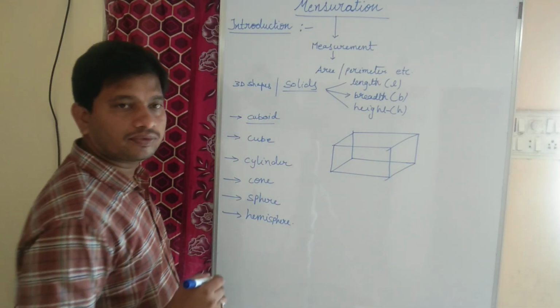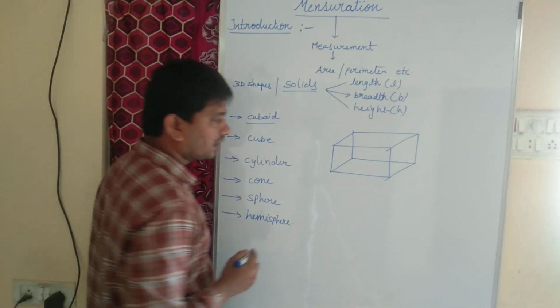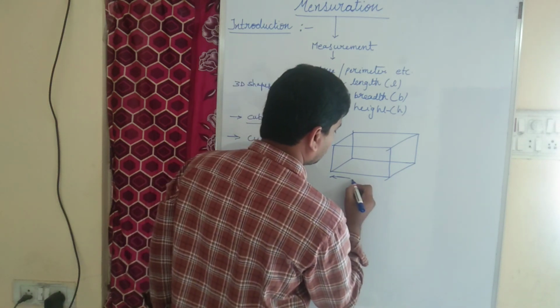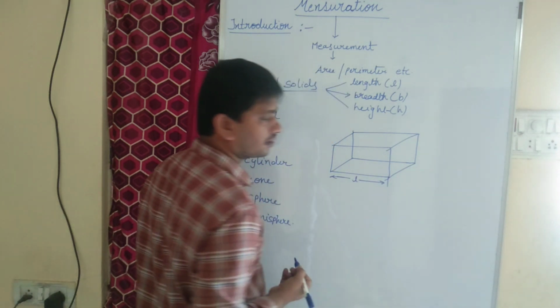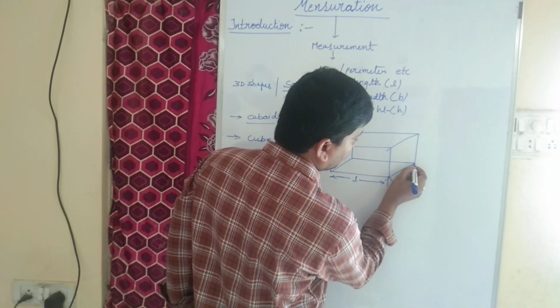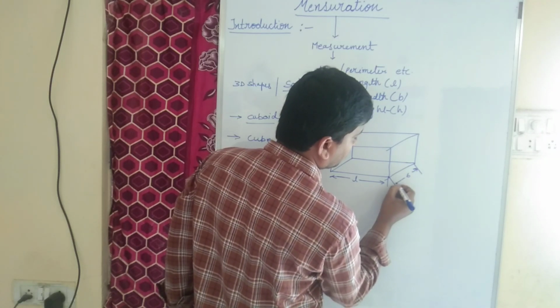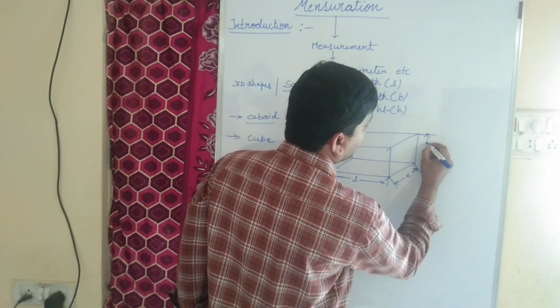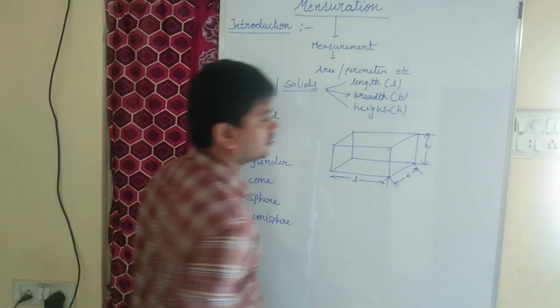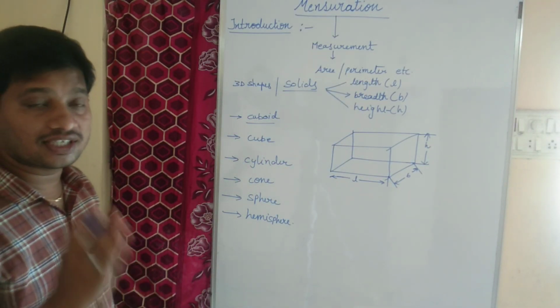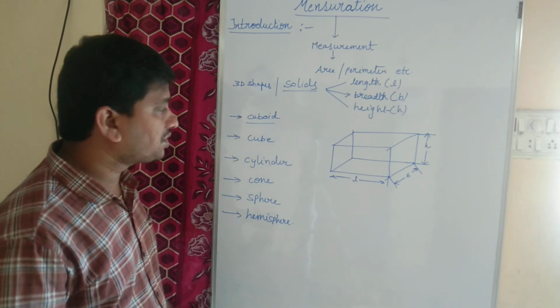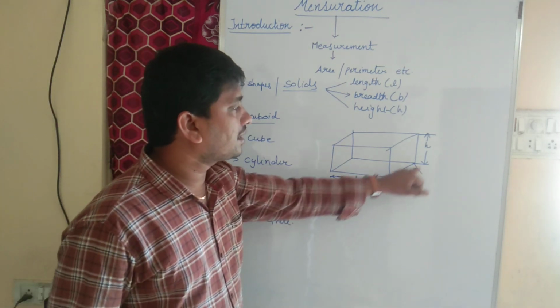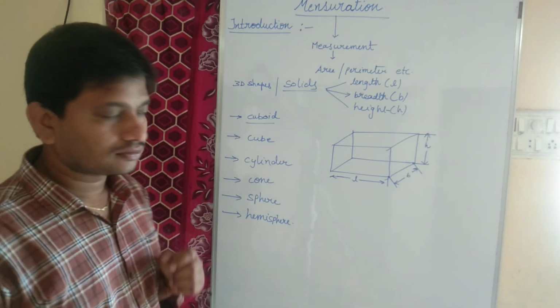This is a cuboid, example of solid figure. It has three dimension, that is length, and this will be breadth, and this will be our height, right? So a solid is a geometrical shape. It has three dimension. They are length, breadth and height respectively.